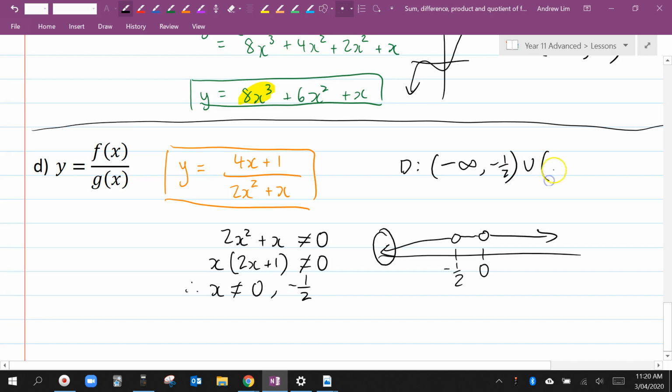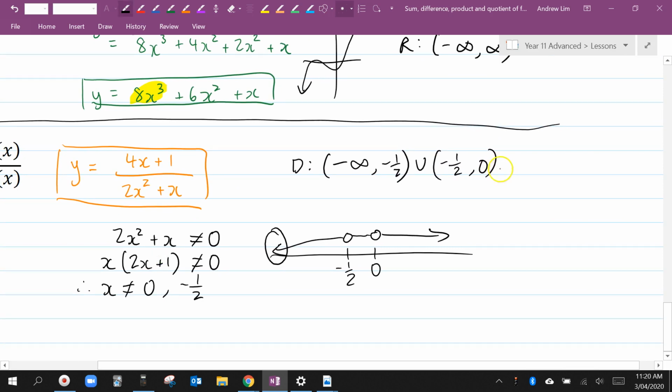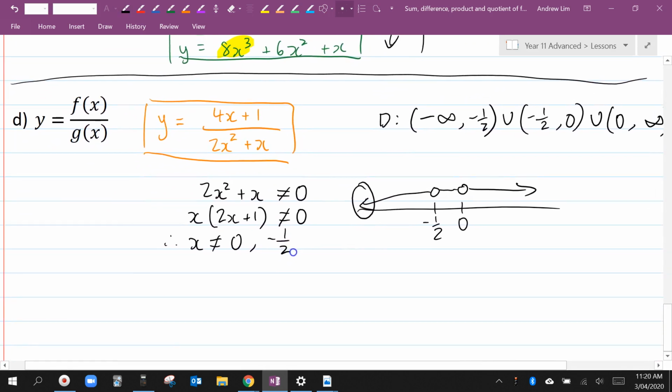Union from negative half to 0, but we don't include it, so we use a curved bracket. Union from 0 to infinity. They're all curved brackets, and that's the domain of this quotient of the two functions. Alright, that's it for this video. I hope that made sense.